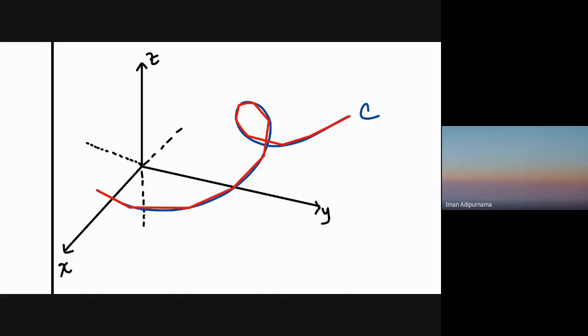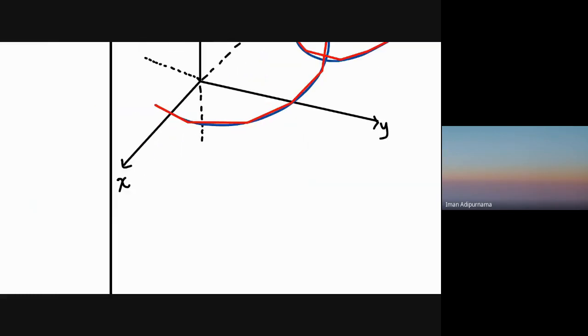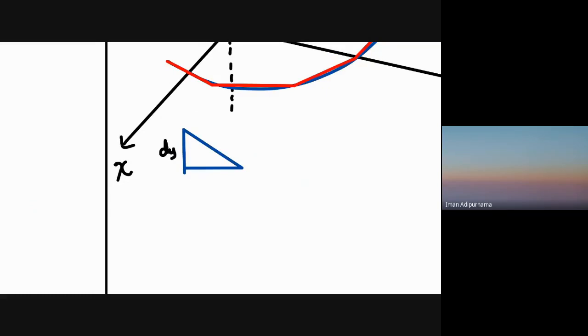If you remember, we can approach through, let's say, this triangle. So we can say we have dy, dx, and dl.